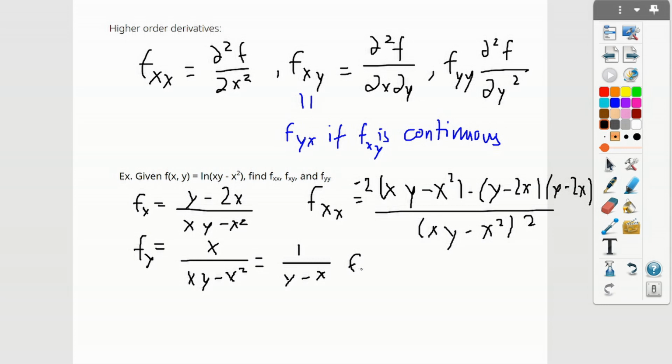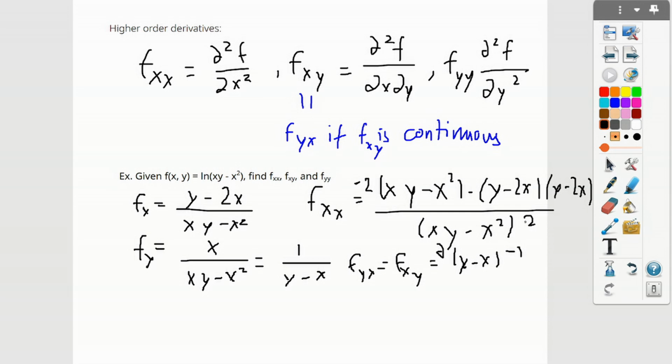What's f sub xy? Well, since f sub yx and f sub xy are the same thing if they are continuous, we can just do f sub yx, which is equal to f sub xy, because it's a lot simpler. We could actually just take y minus x to the negative first power and take the derivative of that.